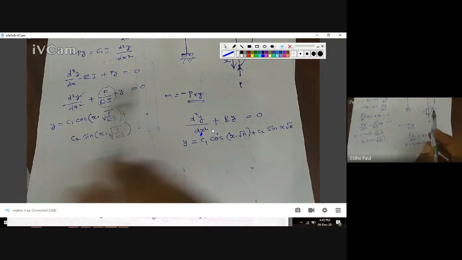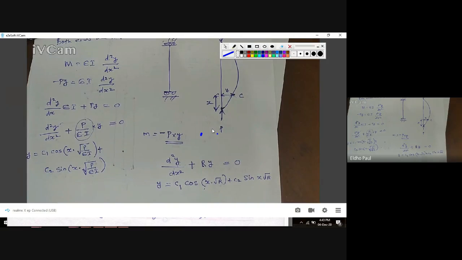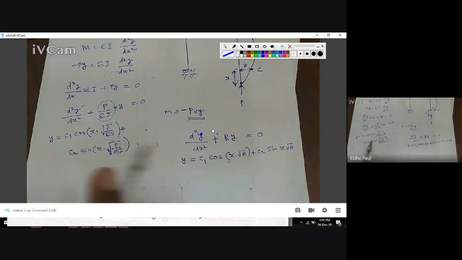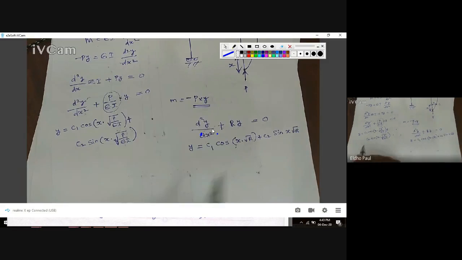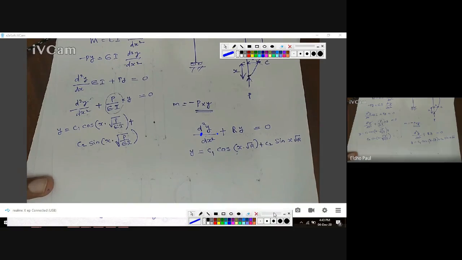What is the amount of deflection on this point C? Okay, we got the solution. But in this solution, there is a problem. In this solution, we have two constants, c1 and c2. So we have to find this c1 and c2 by applying the end conditions.